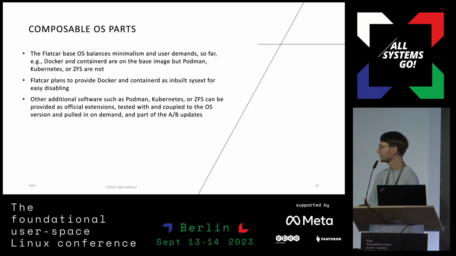And that makes it easier for people to bring in their own stuff. And we can also add more extensions that are not part of the base image, but downloaded at provisioning time. And also part of this AB update mechanism that we already have for the OEM vendor tool extensions, so that people can say, I want to have the Podman extension, and it gets AB auto-updated as well.